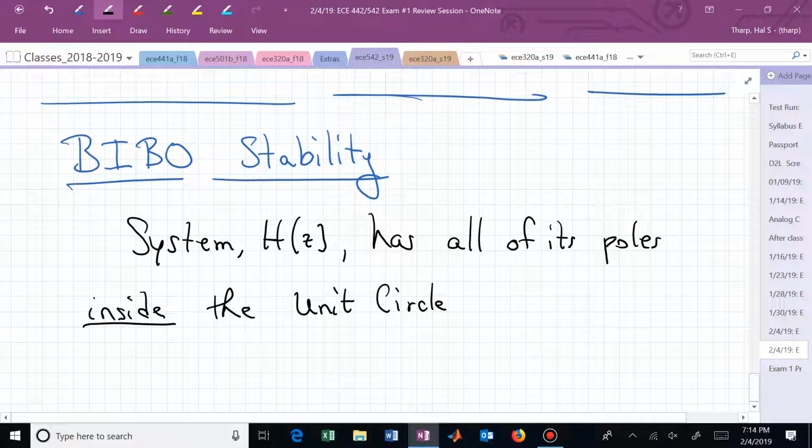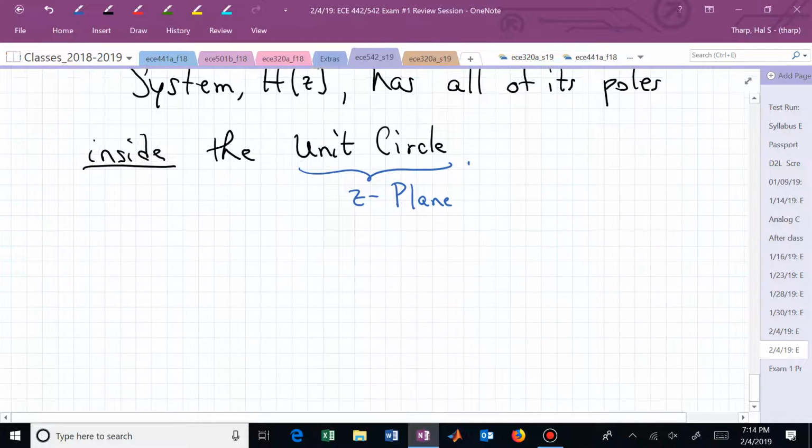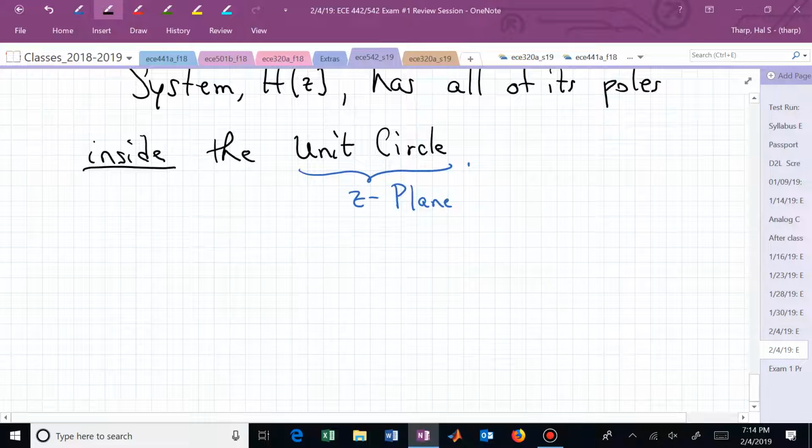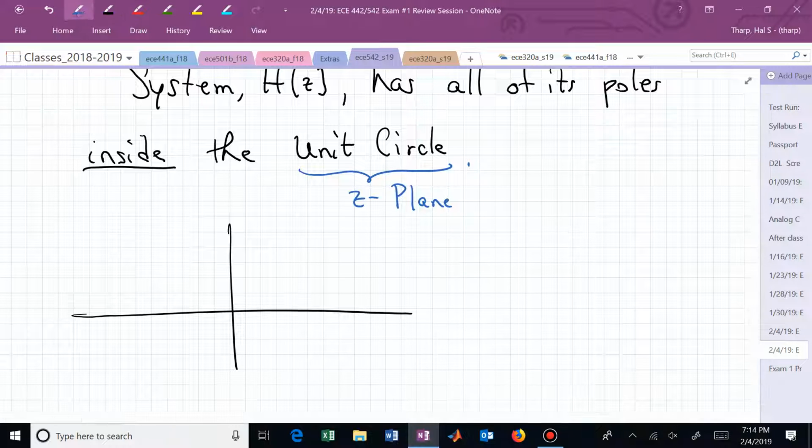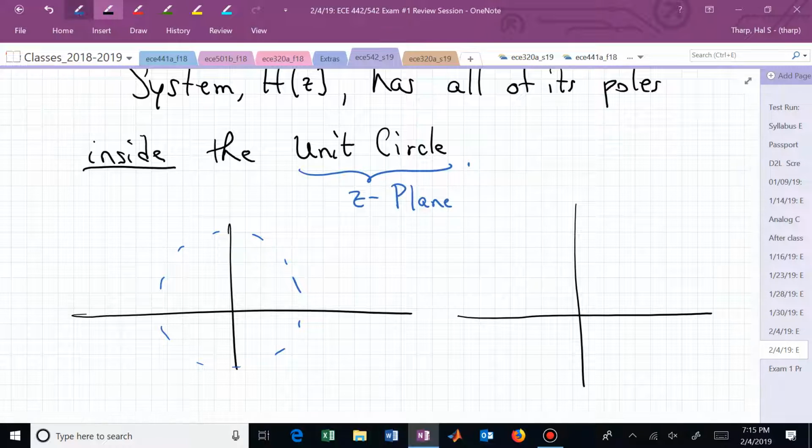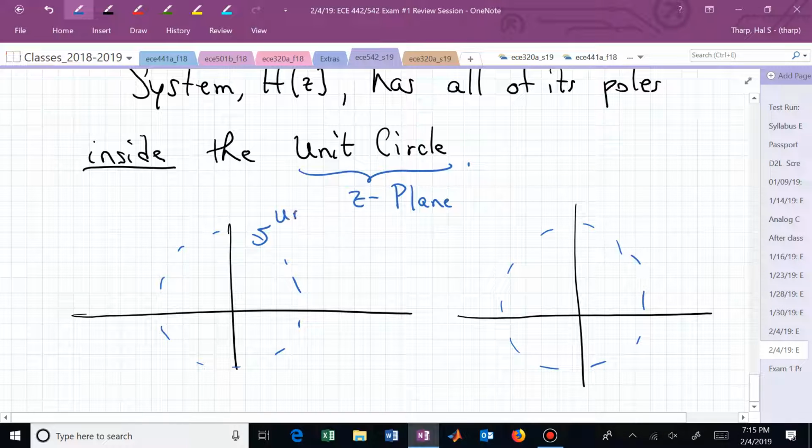Here the key word is inside, and this is now our, in the z-plane, so that if we had something that was, that blue dashed is supposed to be the unit circle.